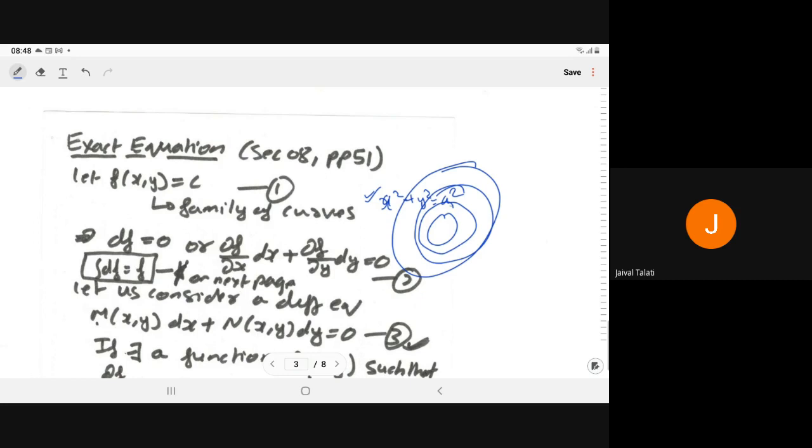So f(x, y) = c. If you take the derivative, c is a constant, so df is equal to 0. This df can be written as del f upon del x into dx plus del f upon del y into dy.